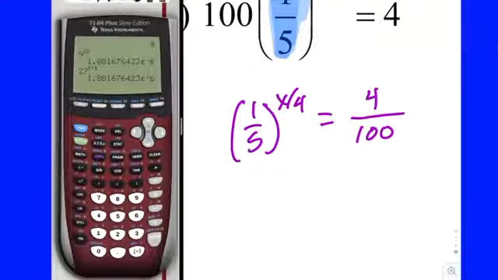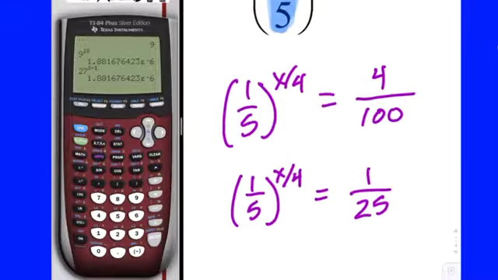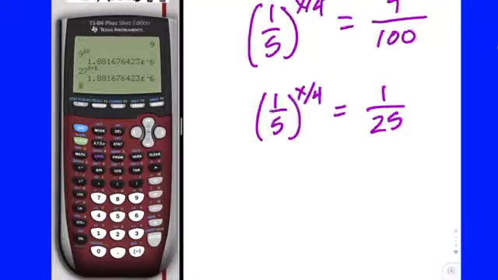Okay, so I've isolated the variable part, but what do you notice on the right-hand side? You want to learn to simplify early and often, so as you go. 4/100ths is the same as 2/50ths or 1/25. Now, that is significant because we have 25 now and 5. And those can be written in terms of powers of each other. So here you have the option.